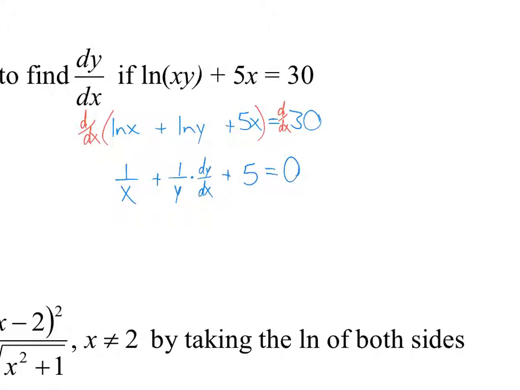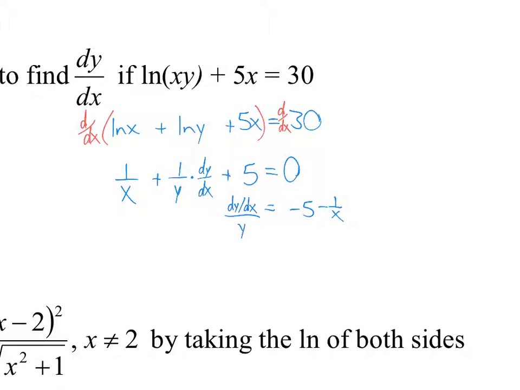At this point, all that's left to do is to go ahead and solve for the dy dx. So if I do that, I'm going to have negative 5 minus 1 over x equals dy dx over y.